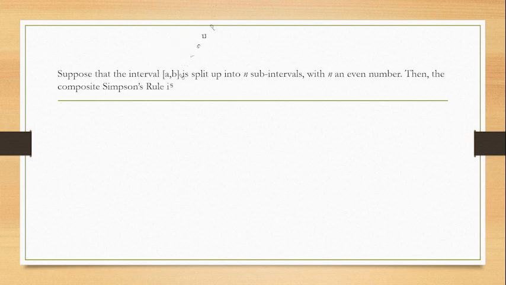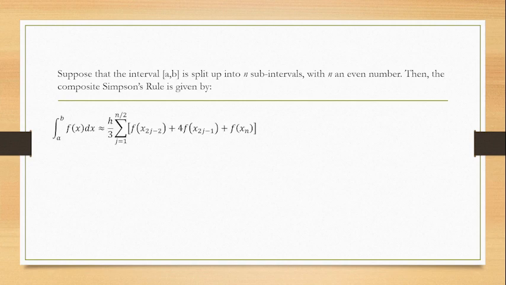Suppose that the interval AB is split up into n subintervals with n an even number. Then the composite Simpson's rule is given by the integral of f of x dx from a to b is approximately equal to h over 3 multiplied by the summation of f of x sub 2j minus 2 plus 4 f of x sub 2j minus 1 plus f of x sub 2j, where j is from 1 to n over 2.